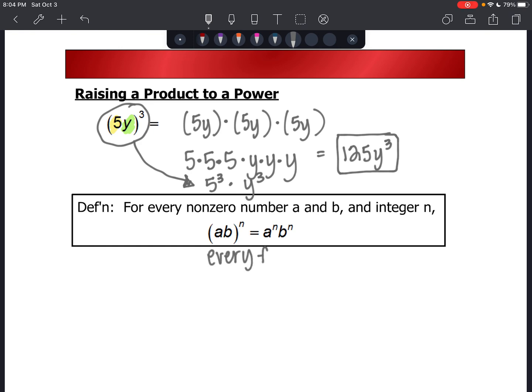Every factor, you can also think of it as every base, every factor in parentheses gets the power.